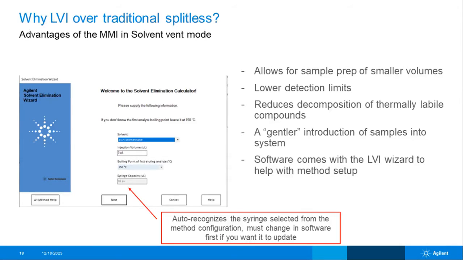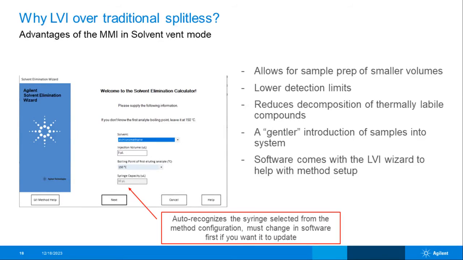It allows sample prep of smaller volumes. Again, we're able to reach lower detection limits by putting more onto the column. It reduces the thermally labile compounds and their breakdown. It's because it is a gentler introduction of the samples into your system by being able to do it in a cooler mode and at lower pressures. And again, it comes with this little nifty software to help you set it up for you.